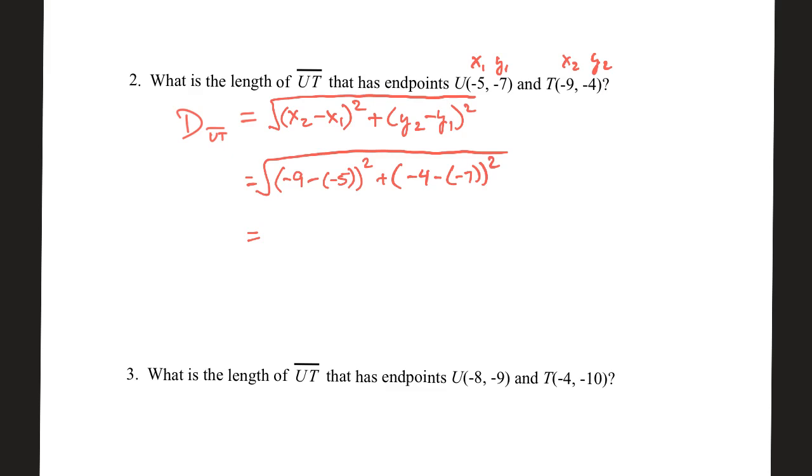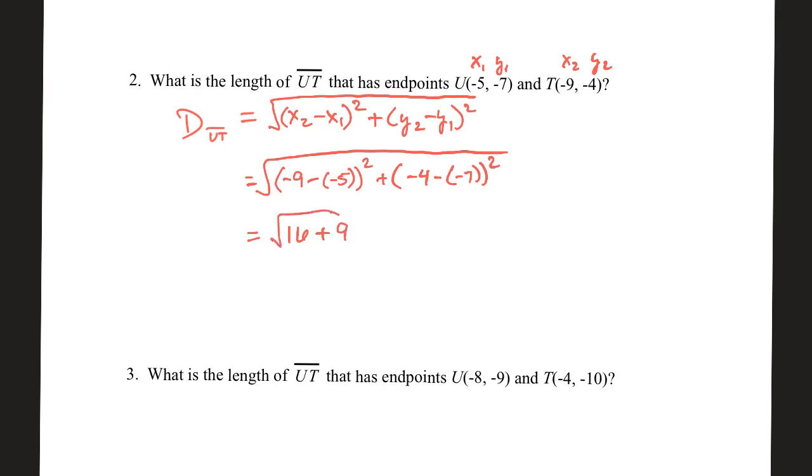What does this give me? -9 minus a -5 is -9 plus 5, which is -4. -4 squared is 16. Plus -4 minus a -7 turns into -4 plus 7, which is +3. +3 squared is 9.